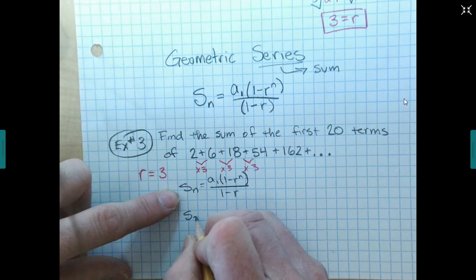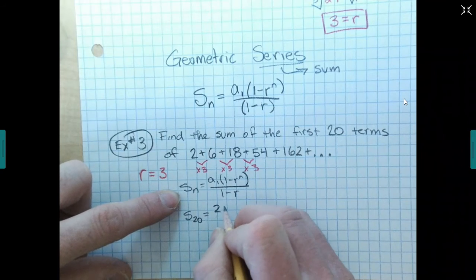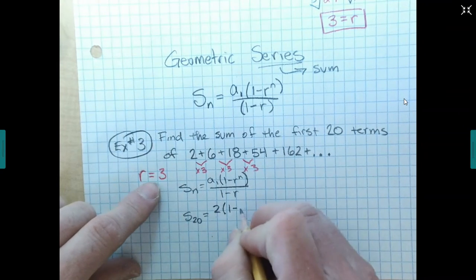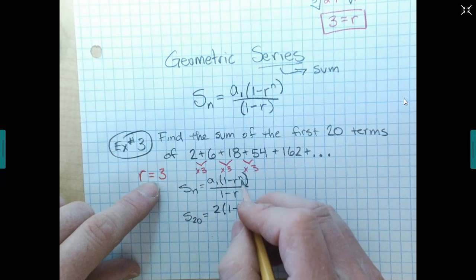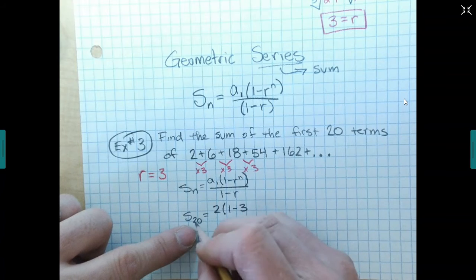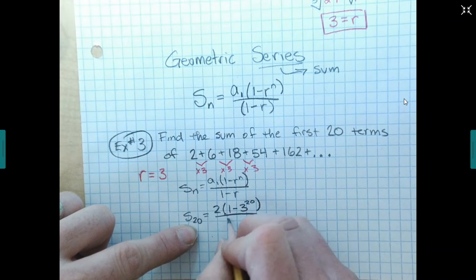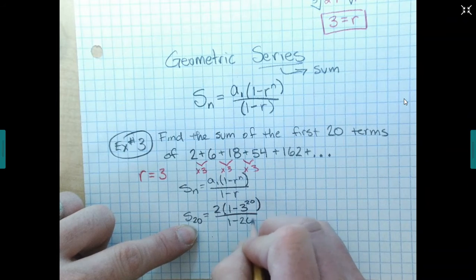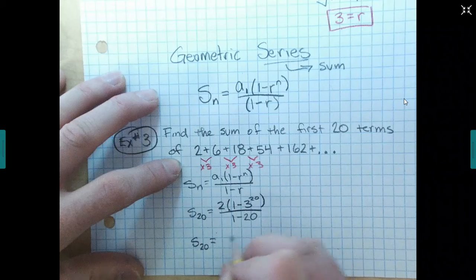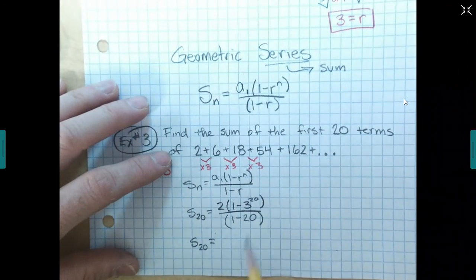So our 20th term equals our first term, which is 2, times 1 minus our rate, which is 3, to the nth power. And so n is 20 over 1 minus 20.